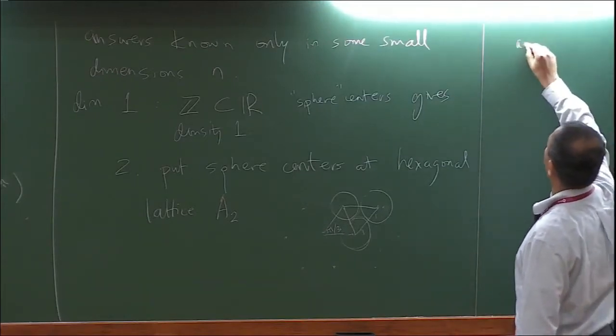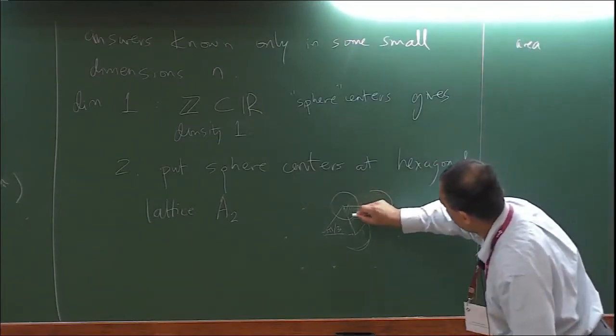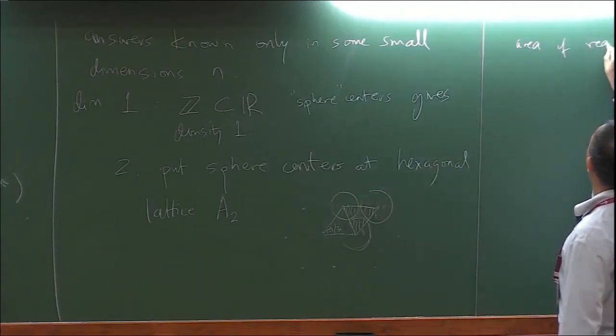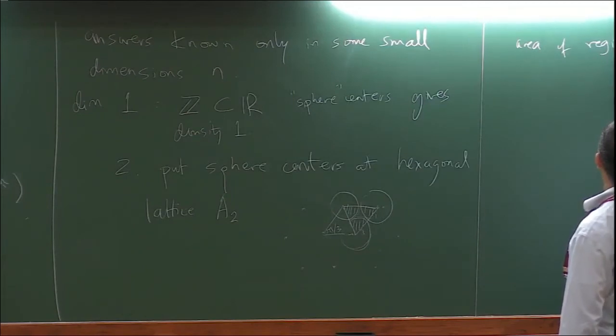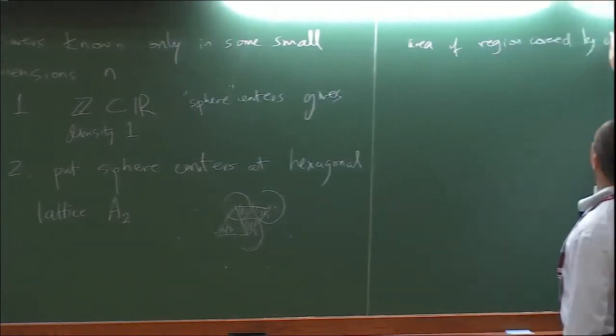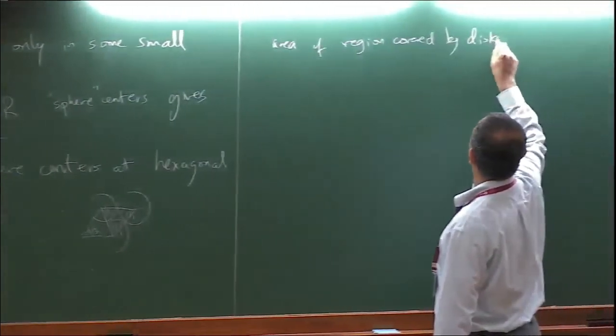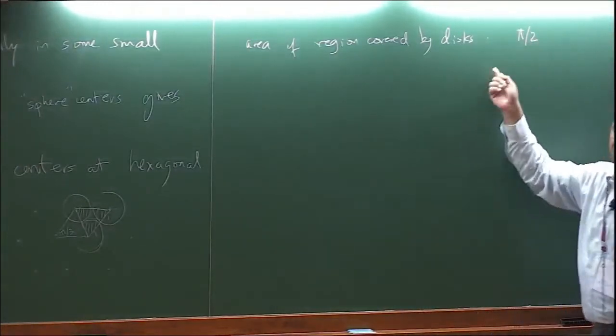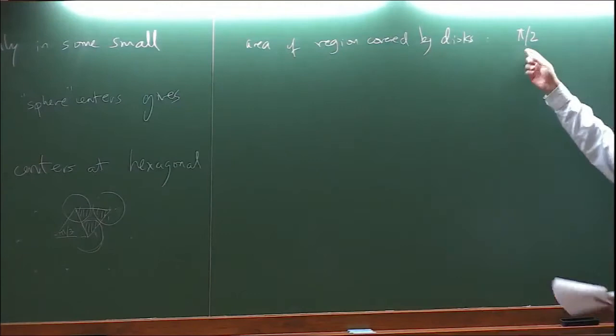So the area of the shaded region covered by disks is pi r squared divided by 2. So r is 1, so it's pi over 2.